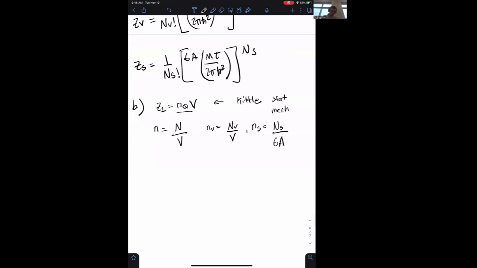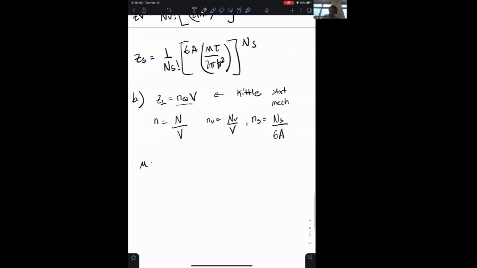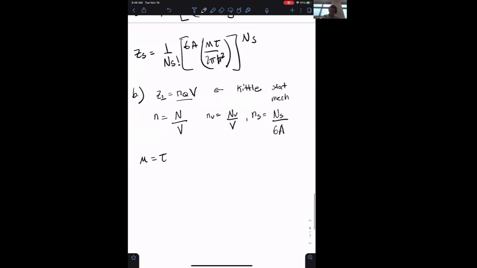And the reason I'm doing all this is because the chemical potential, and this formula is from the same textbook again, is equal to tau ln little n divided by the quantum concentration, like this.